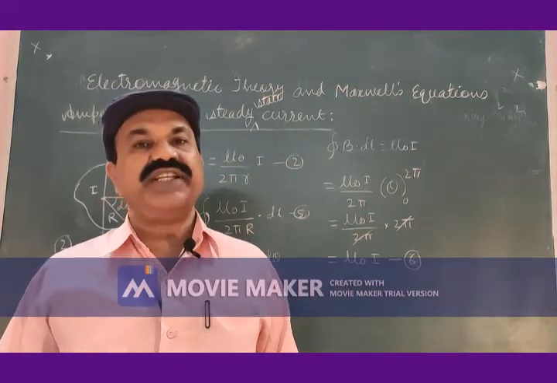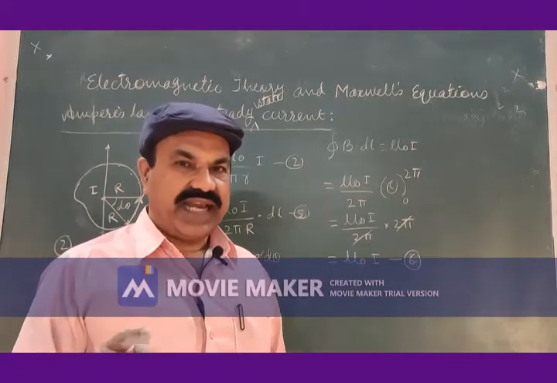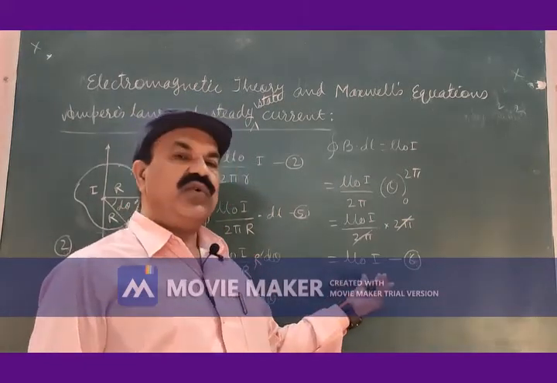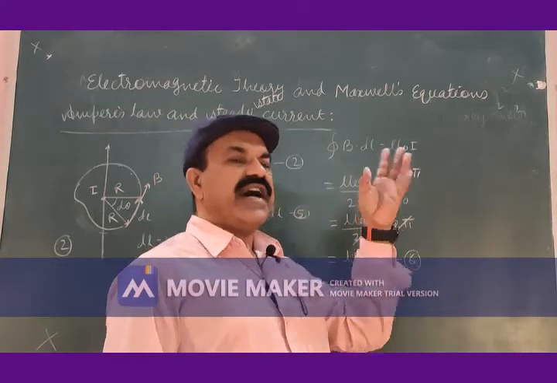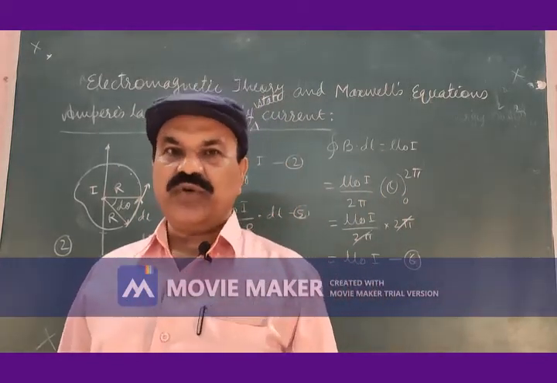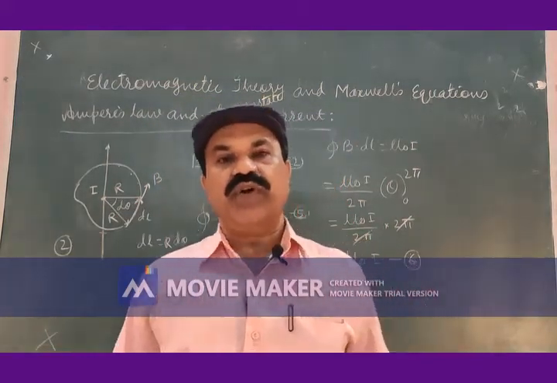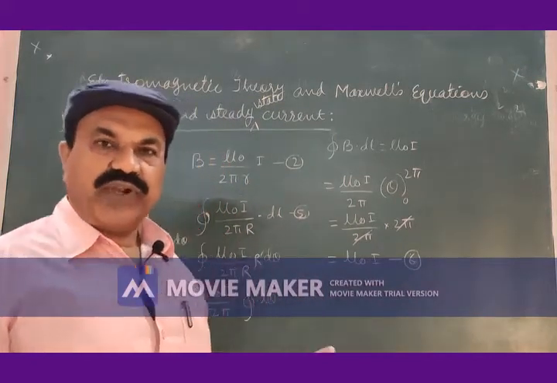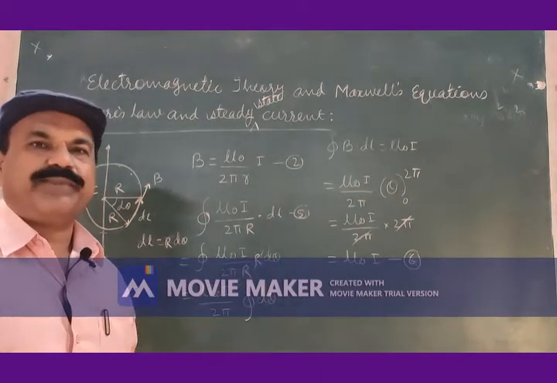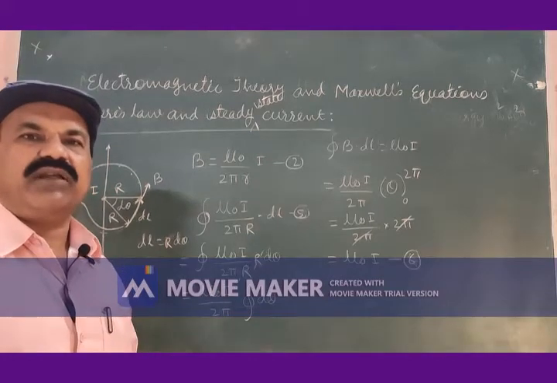When the path is not regular, we also get the line integration of magnetic induction around a closed path equal to mu 0 times I, where I is the current enclosed by the irregular path. So for the situations in figure 1 and figure 2, we found that the result is the same.